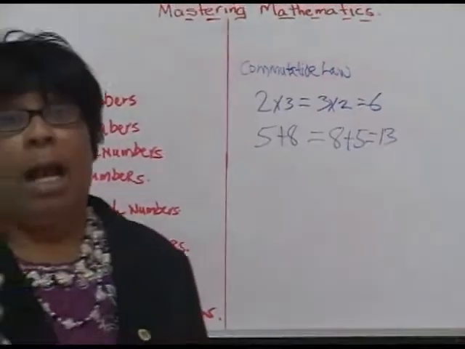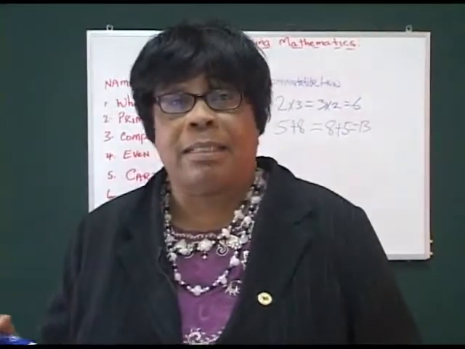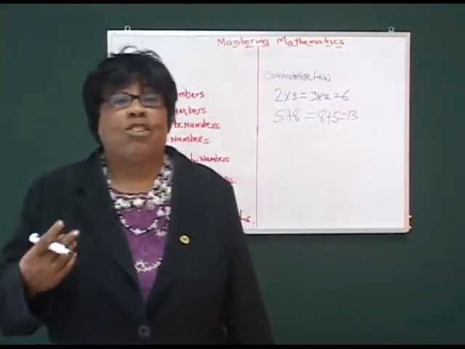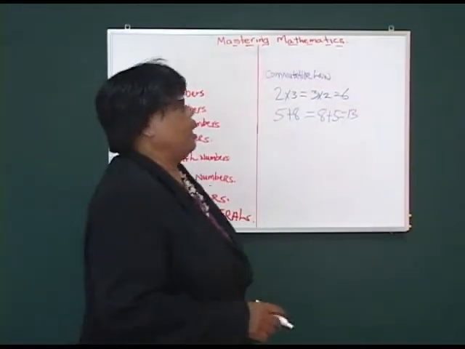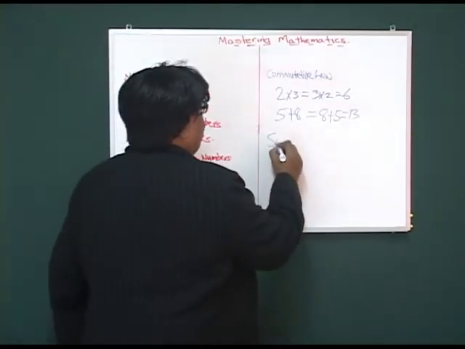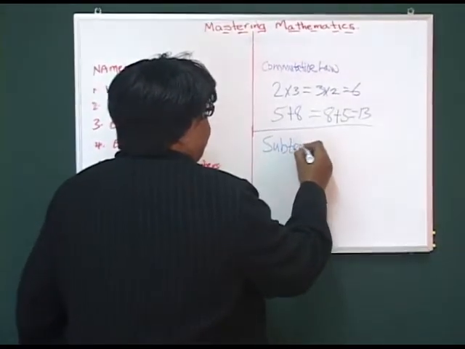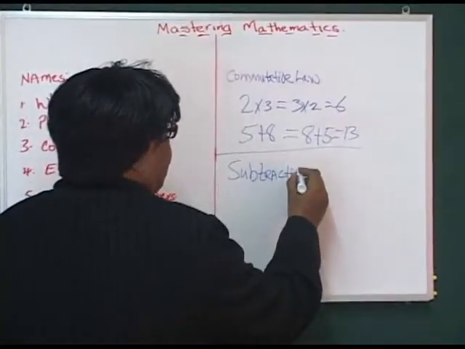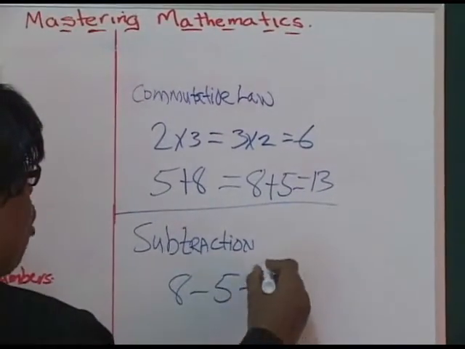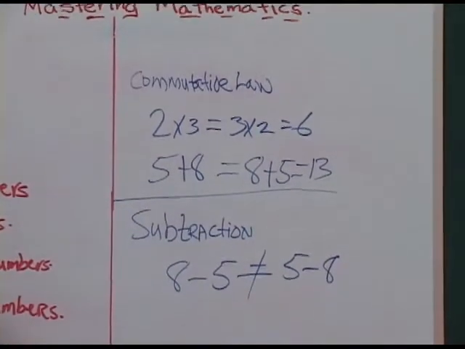Then you are aware that there are at least 4 basic operations in mathematics. So we have multiplication, division, addition, and subtraction. The law does not hold for subtraction. So for example, 8 minus 5 is not the same thing as 5 minus 8.